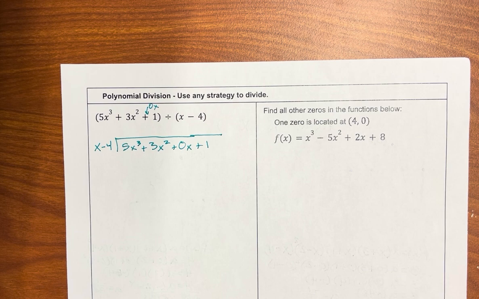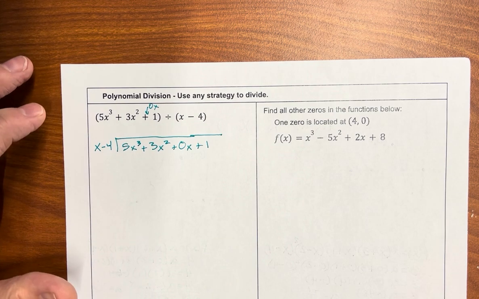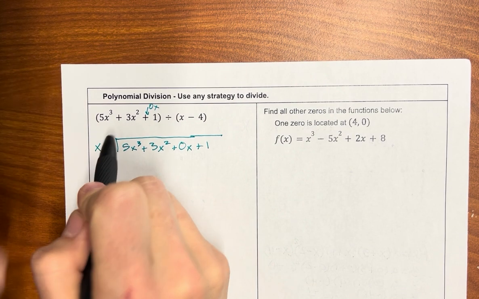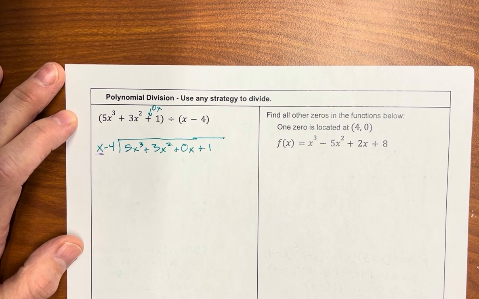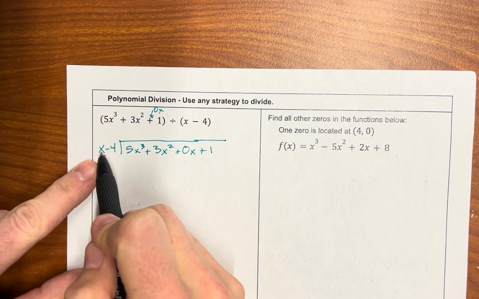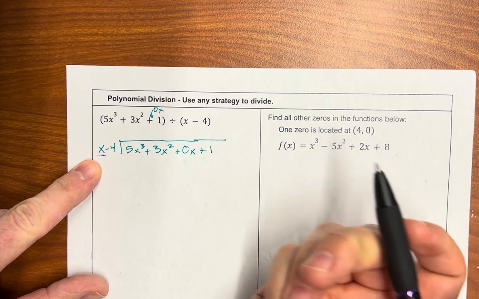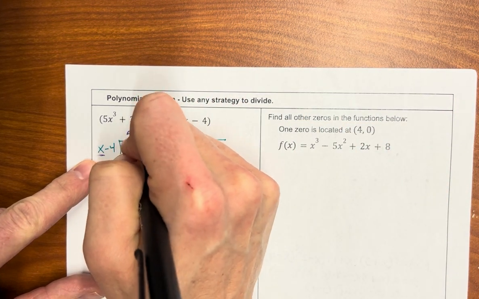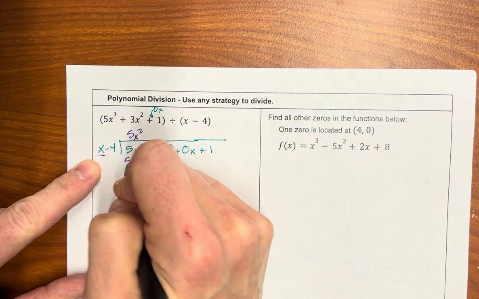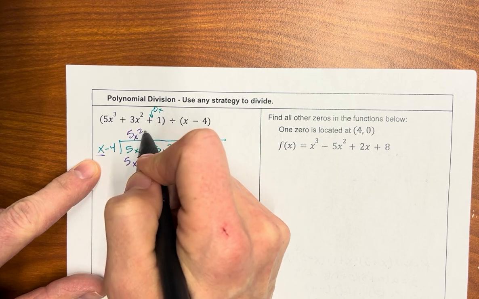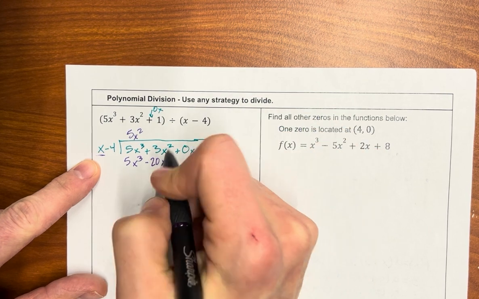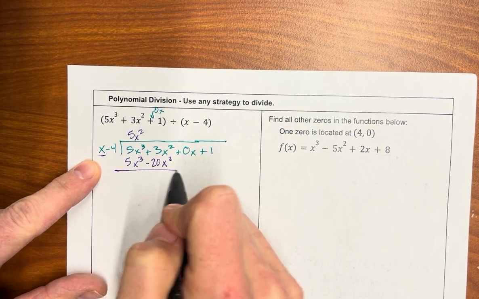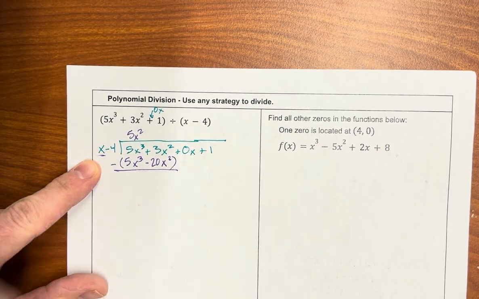Okay, so let's do the division here. When I'm dividing using long division, I'm just looking at the first term and thinking, what do I have to multiply x by to get 5x cubed? In this case, it would be 5x squared. So that'd be 5x cubed, and then 5x squared times -4 is -20x squared.